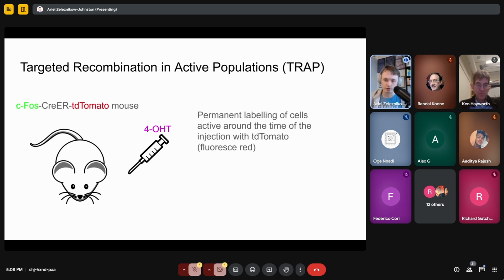So those cells in the motor cortex, for example, which are involved in learning the little reaching task, if they're active at the same time as the 4-OHT injection, will start to express TD tomato and turn red. What's useful is that the labeling will continue to be there even once CFOS expression stops, days later or something. So it's a differential way of tagging cells that were active at some period of time around the injection of the 4-OHT.